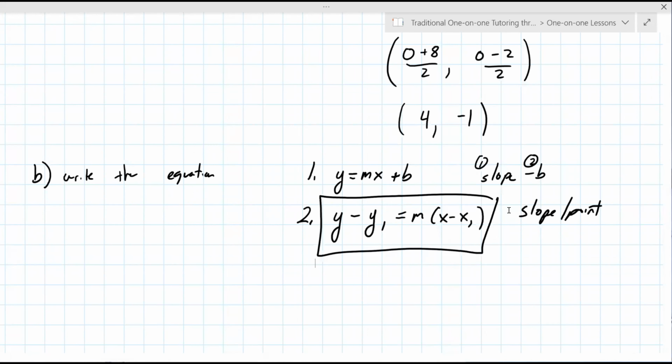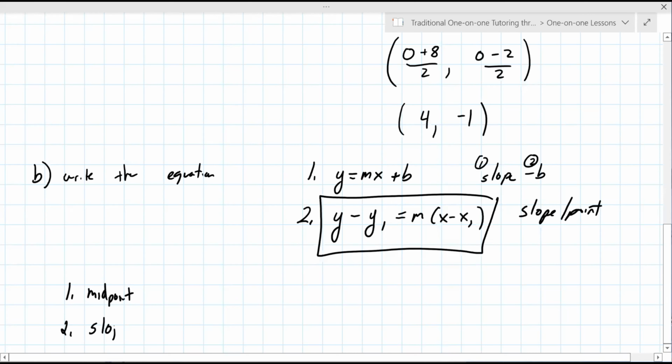That's y1 and x1. Yes. So we're going to use the midpoint, and in all these problems we're going to use the midpoint and then the slope that we find. The midpoint that we found is (4, -1).